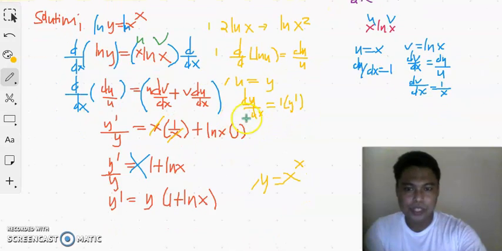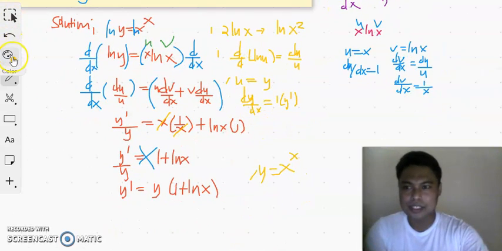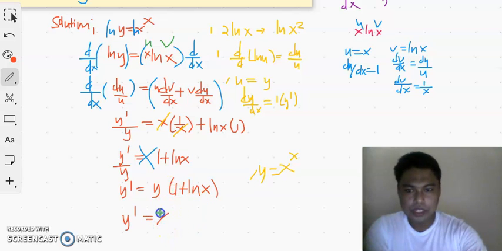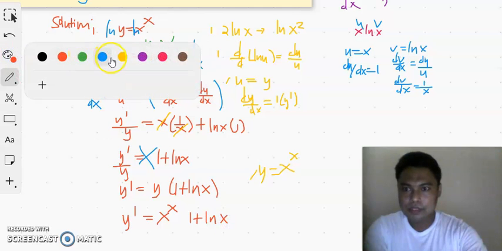So therefore, we can rewrite this as y prime equals x raised to x, times (1 plus ln x).